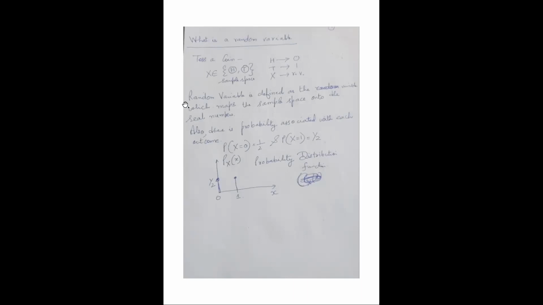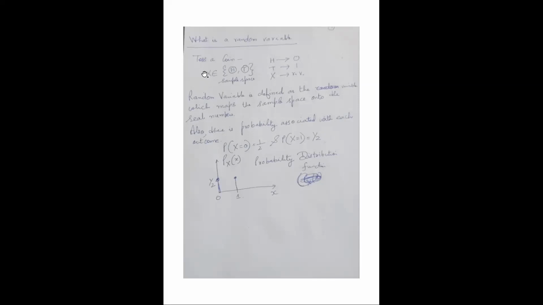What is a random variable? A random variable is defined as the variable which maps the sample space onto the real numbers. And when you are mapping the sample space onto the real numbers, there will be probability associated with each outcome. That means, let x be a random variable.